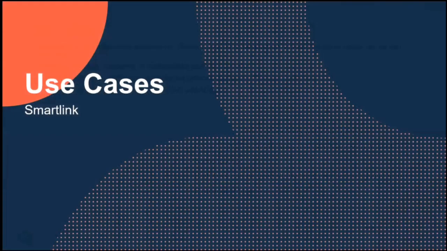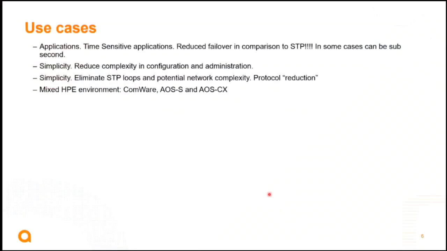And the other thing is it's simple to configure. So what are the use cases? Well, typically, if you've got applications that are time sensitive, like video and voice, you can use it in that situation where it's quicker than spanning tree failover. So it's only in the failover situation where you are sub-second. And then a big one that seems to be really popular is simplicity of configuring and deploying it.